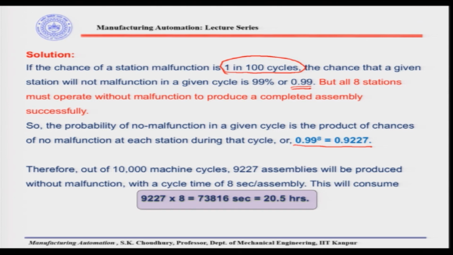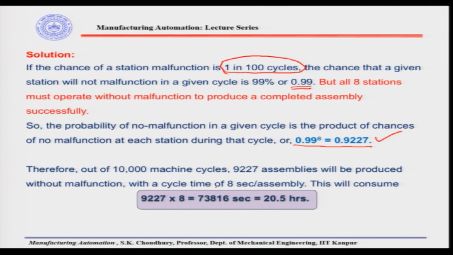All 8 stations should work, so 0.99 to the power 8 is this probability. Therefore, out of 10,000 machine cycles, 9,227 cycles will work. That means 9,227 assemblies will be produced without malfunction.